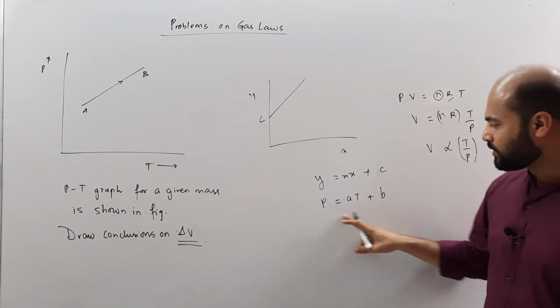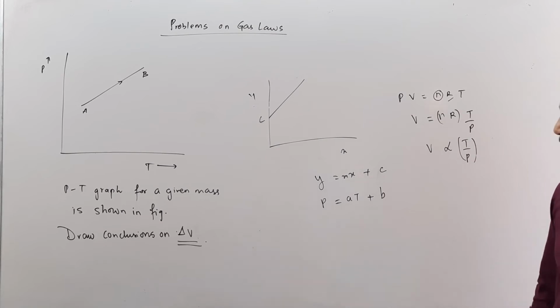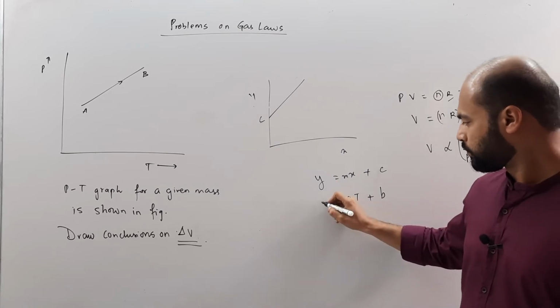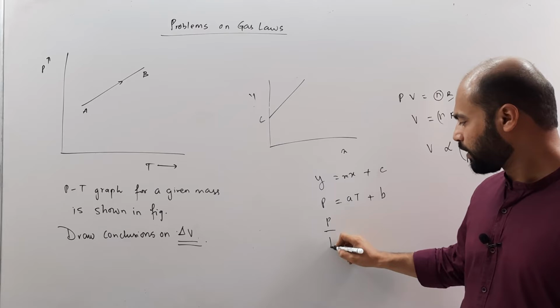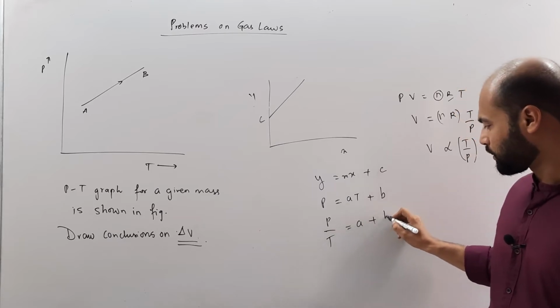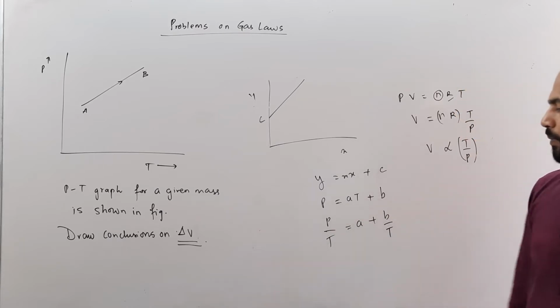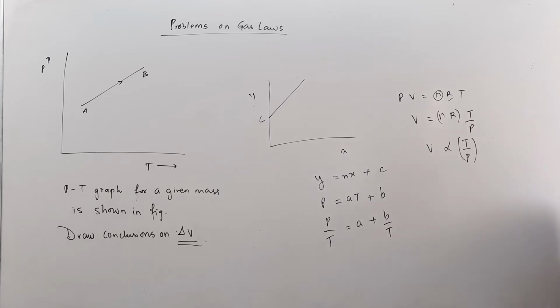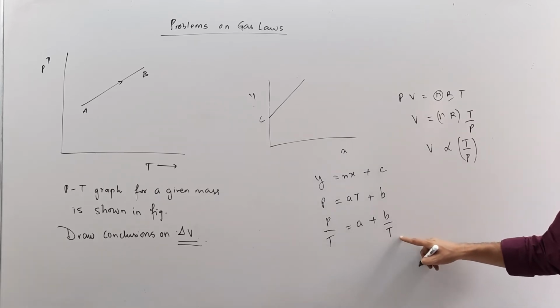So let's divide throughout by temperature. If I divide throughout by temperature, I'll get P by T equals A plus B by T. Now you can clearly see that the temperature is rising.